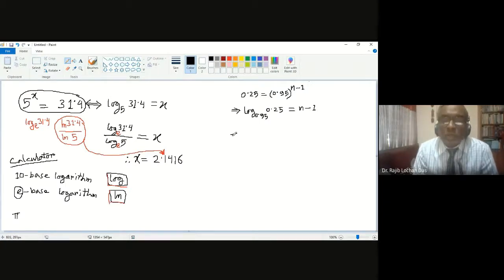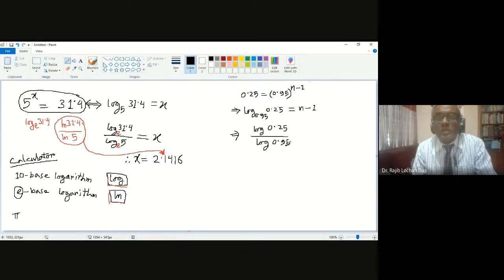So on the left side you will write log 0.25 divided by log 0.95, and on the other side it is n minus 1.